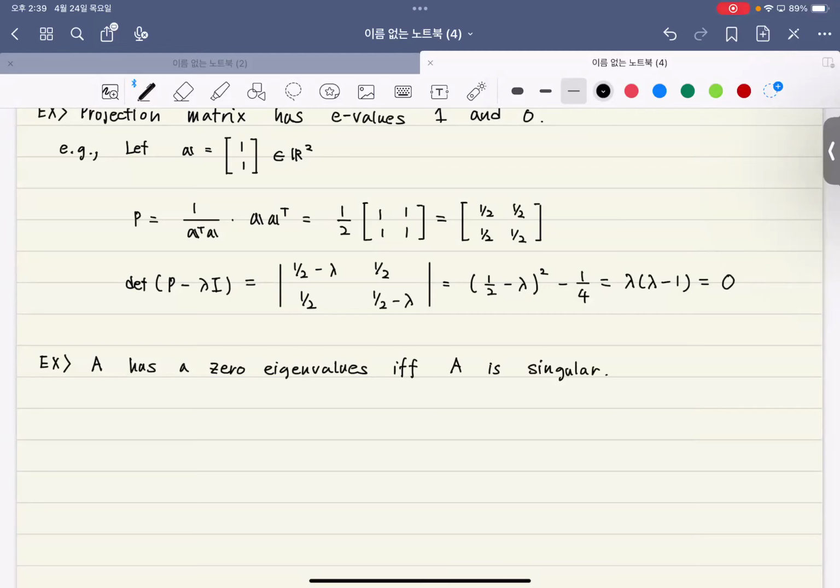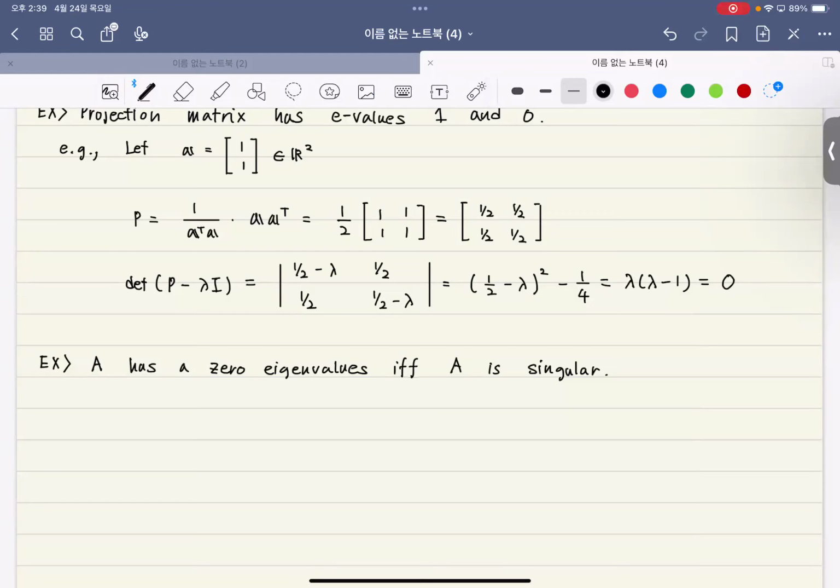I told you the eigenvector should be a non-zero vector, but that does not imply 0 cannot be an eigenvalue. So 0 can be an eigenvalue of some n by n matrix. Maybe you can try to write down a matrix whose eigenvalue is 0. Suppose that A may have many different eigenvalues: 1, -2, 100, 1 million, anything you imagine.